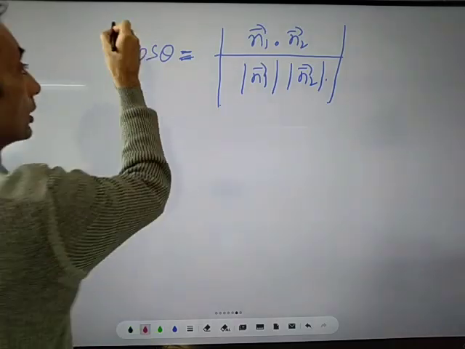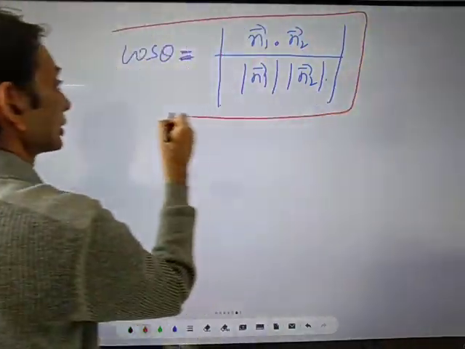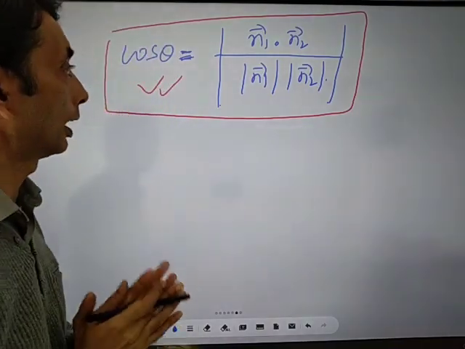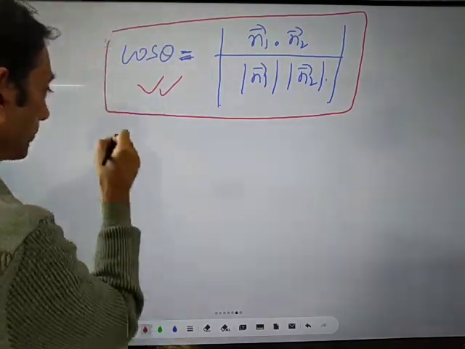This is the important formula to find the angle between two planes. Now the Cartesian form.